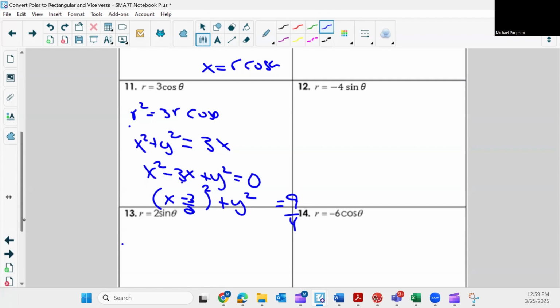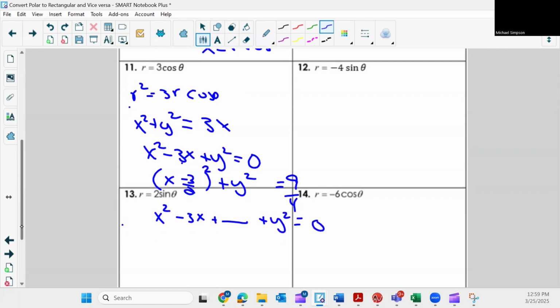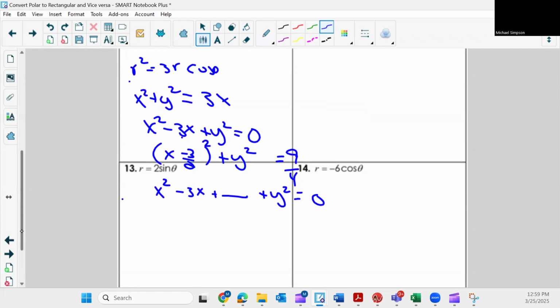All right, I gotta do the blank thing. x squared minus 3x plus blank plus y squared is equal to 0. All right. So divide -3 by 2. So I'm going to have parentheses x, divide -3 by 2.